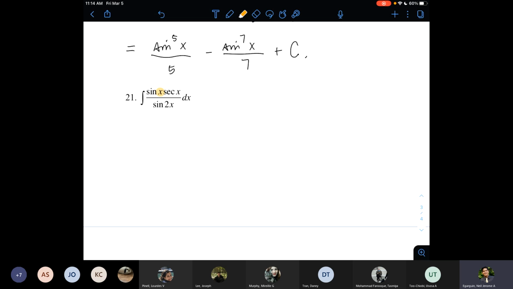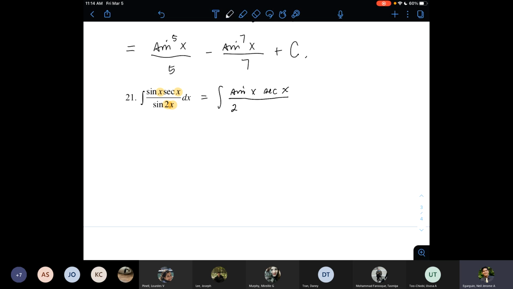So on top you have x's inside your sine and secant, but in the denominator, you have 2x inside your sine function. So it is almost impossible to integrate if you have different arguments for your trig functions. So I suggest the first thing you try to do is to write them in terms of a single argument, right? So here, we need to apply the trig identity for sine of 2x, and hopefully you still remember it. So I'll copy the numerator.